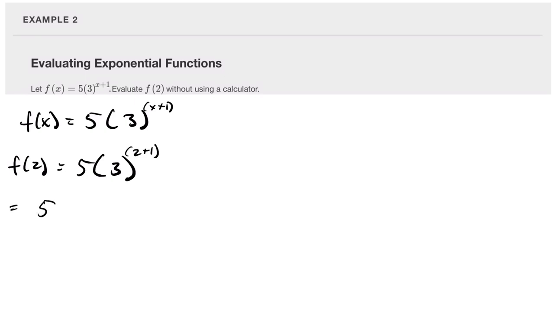So that's 5 times 3 to the power of 3. 3 times 3 is 9, times 3 is 27. So 5 times 27. That's 100 plus 35, 135.